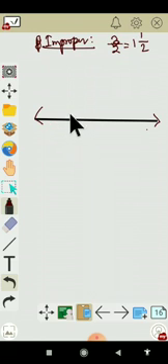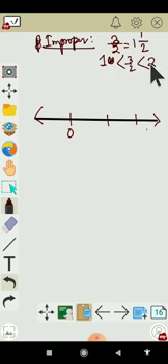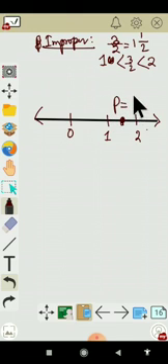Suppose this one is 0, this is 1, this is 2, and 3 by 2 is greater than 1 and less than 2. So we have to divide this into 2 equal parts. The middle point will be P equal to 3 by 2. This way we will represent any improper fraction. First we convert it into a mixed fraction, then we represent it.